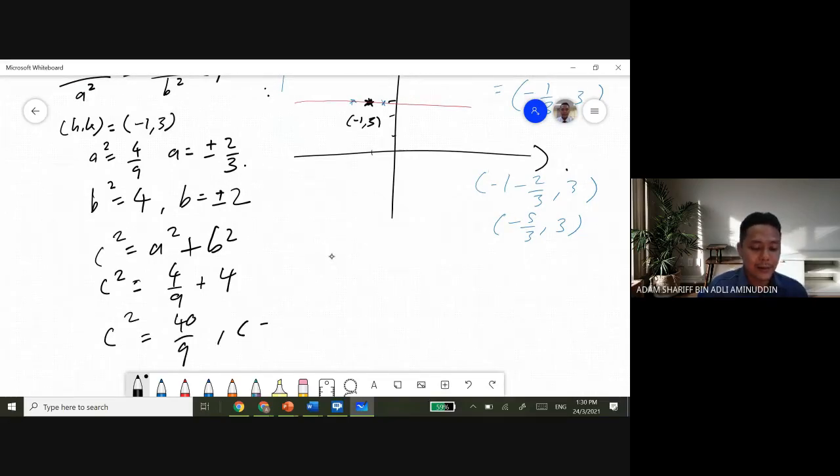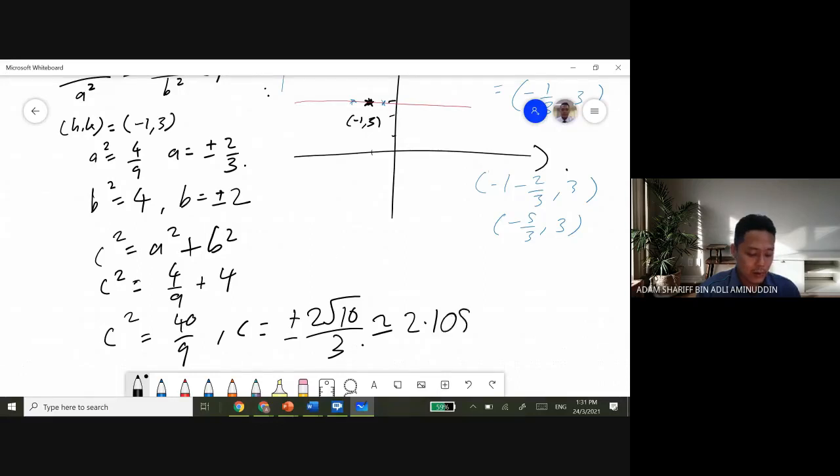So C equals square root. Okay, in the simplified form it will be plus minus 2 square root 10/3, which is equivalent, saya bundarkan, 2.1082.